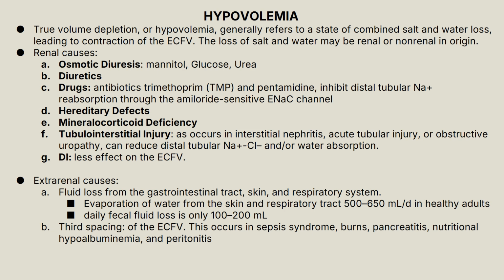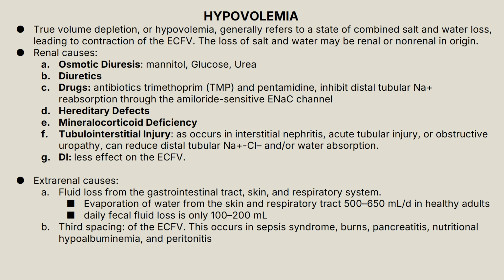Some of the renal causes include osmotic diuresis, such as mannitol, glucose, or urea, and that's why patients with diabetic ketoacidosis or hyperosmolar hyperglycemic syndrome will be dehydrated and will be in a hypovolemic state, because the glucose acts as an osmotic diuretic. Urea is another cause.